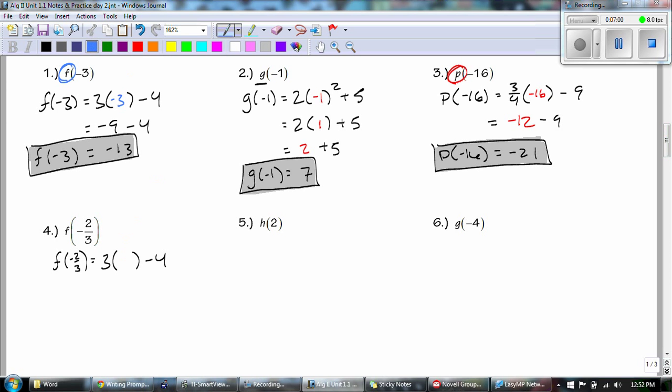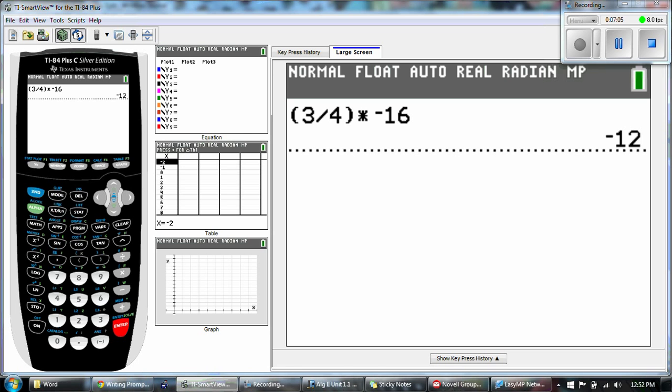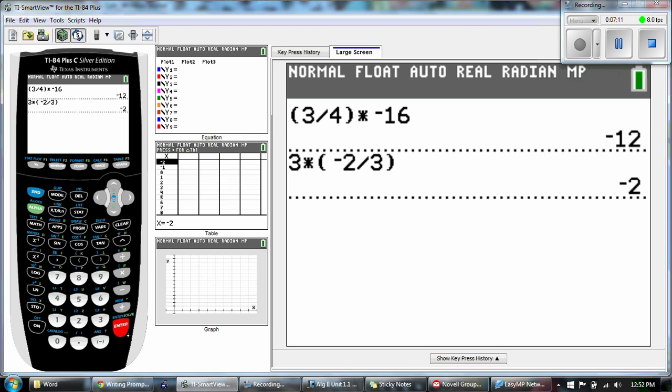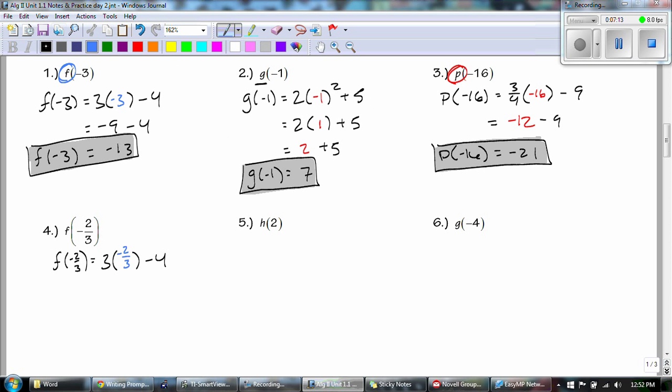So I plug in negative 2/3. And remember, if you don't know it, 3 times in parentheses negative 2/3 should be negative 2. So we have negative 2 minus 4, and negative 2 minus 4 is negative 6. So f of negative 2/3 equals negative 6.